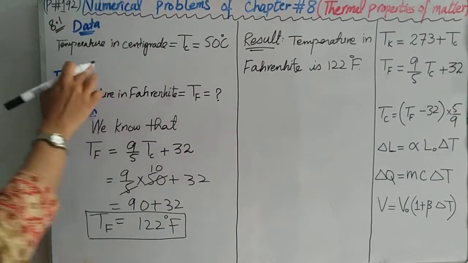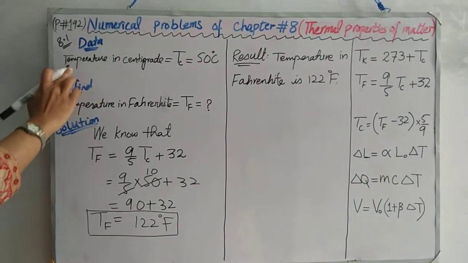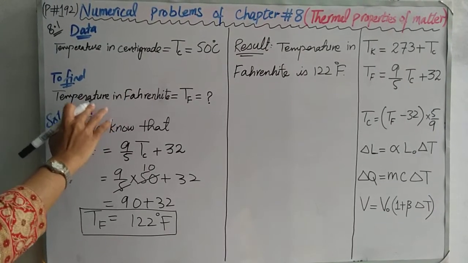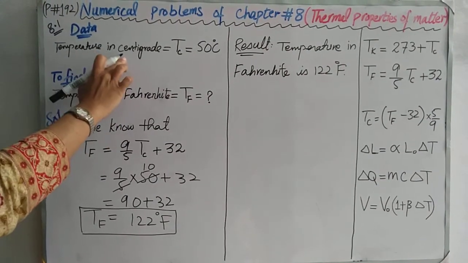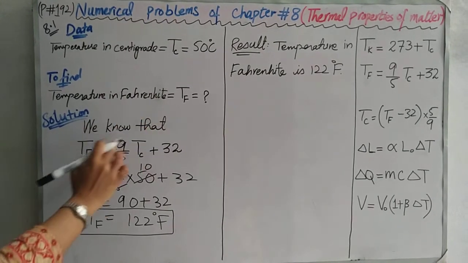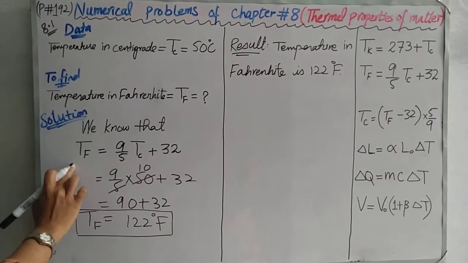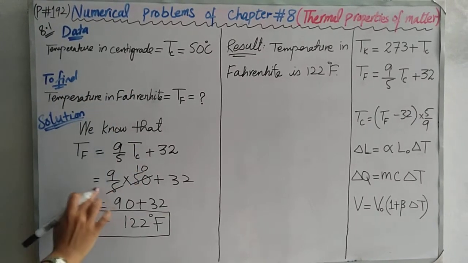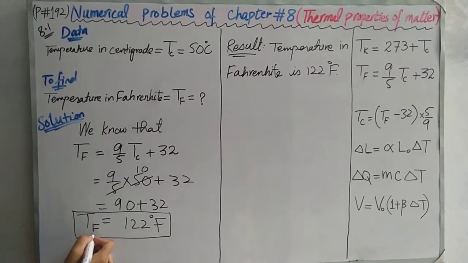Again I am repeating what we have done in this numerical problem. We have temperature in centigrade, but we have to convert the centigrade temperature into Fahrenheit. By using the formula from your textbook, we insert the value of the given data and calculate the temperature in Fahrenheit.